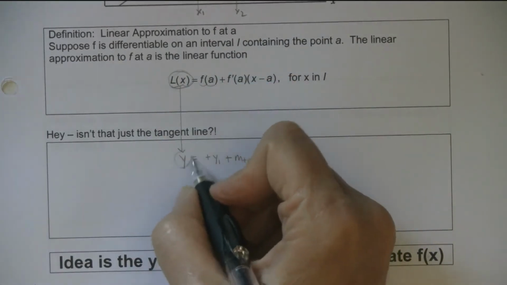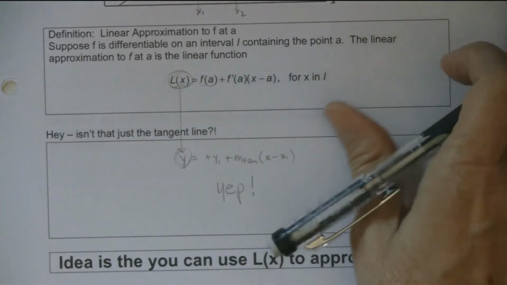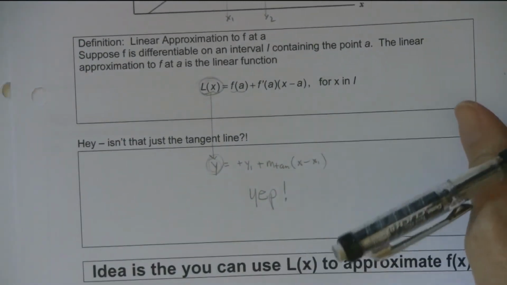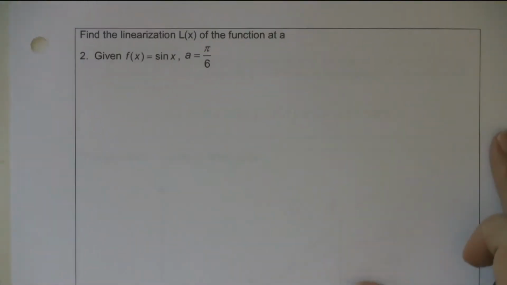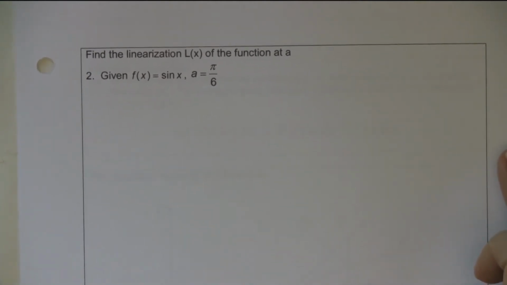Even if you first have this, you should change it into that, so that's how you tell people it's a linear approximation. So that's what they're asking us to find here: find the linearization L of x. So the linear approximation, now they're saying linearization, meaning make the curve into a line, right?